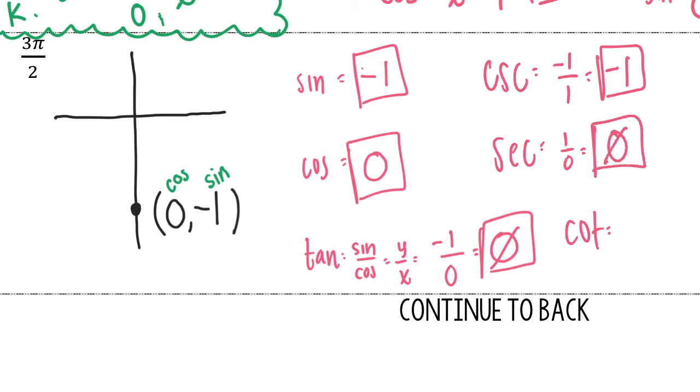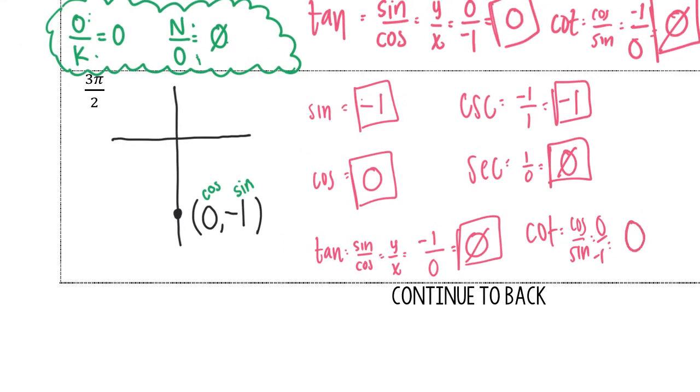And tangent's reciprocal, cotangent, would be cosine over sine, which is 0 over -1. 0 in the numerator is okay, it equals 0. So take a look. Another thing I want y'all to recognize: if one value is 0, its reciprocal is undefined. That happens in this case with cosine and with tangent.